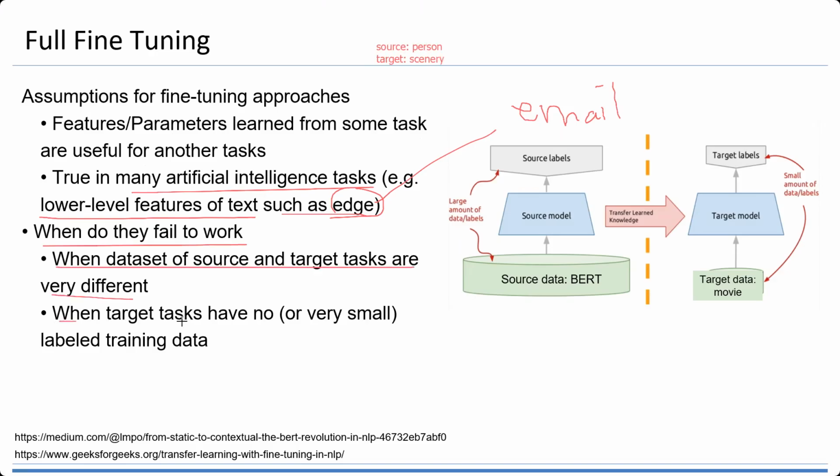And when the target task has no labeled training data, so if the task is different, the task on the source is not equal to the task on the target, and the target has no or very little labeled training data, sometimes the full fine tuning does not work well.